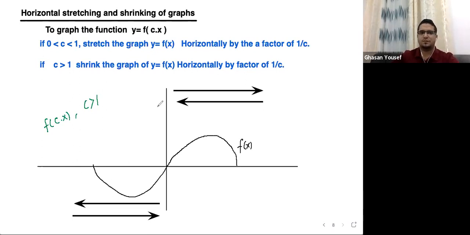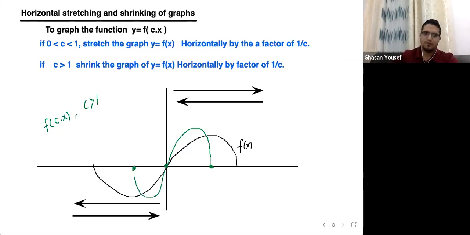Okay. So when c is greater than 1, we're doing shrinking. Shrinking means this point will be the same, remaining the same. So this point will be the same, and the graph will be something like this. Like this. This is shrinking horizontally.